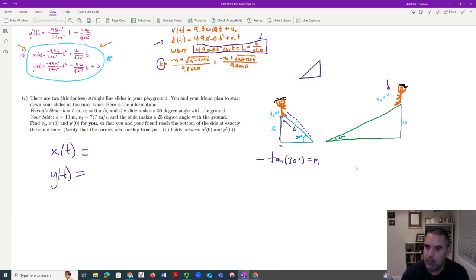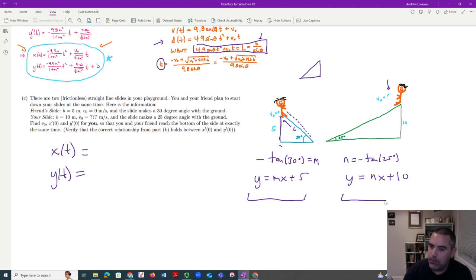Anyways, and then same thing for this one, the slope is going to be, and in my work in a second, I'm going to use an n for that one, in the animation I'm going to do. And those are the two slopes, and the equation for this line is going to be mx plus 5, and the equation for this line is going to be nx plus 10. But these equations, notice, don't involve time at all. They're just the slides themselves.